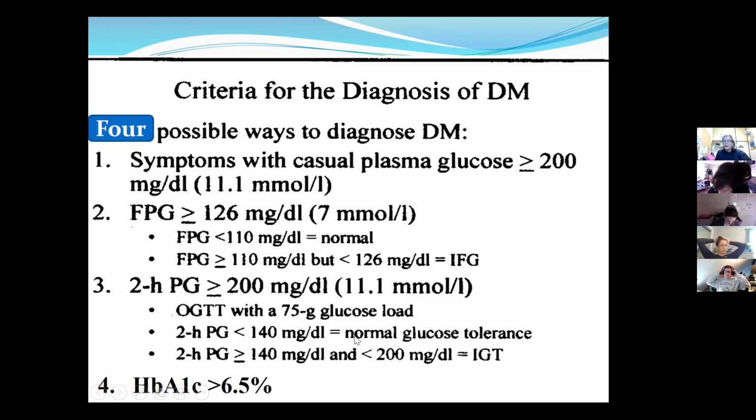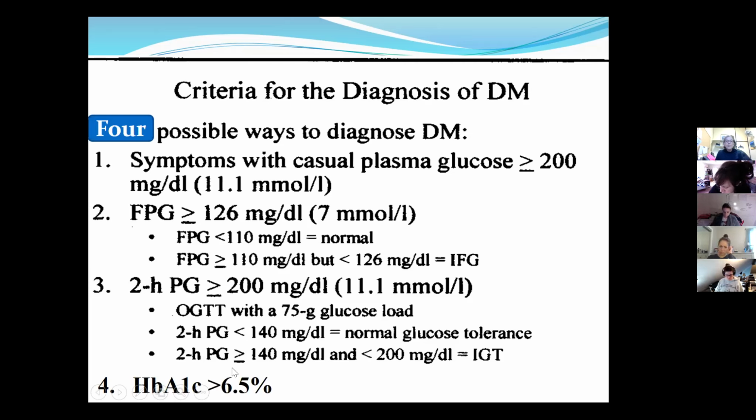All of us are going to have a little bump in blood sugar when we drink or eat, in this case, a glucose load. But if that blood glucose level is greater than or equal to 140, or I'm going to go back here, if it's greater than 200, you are diabetic.